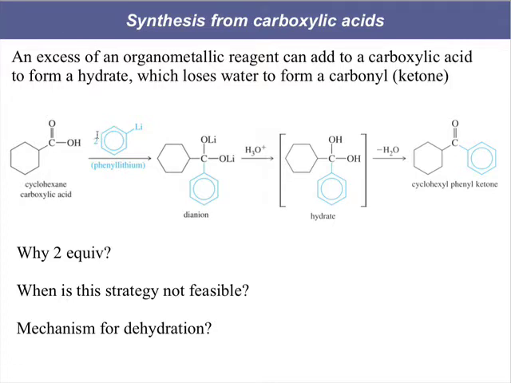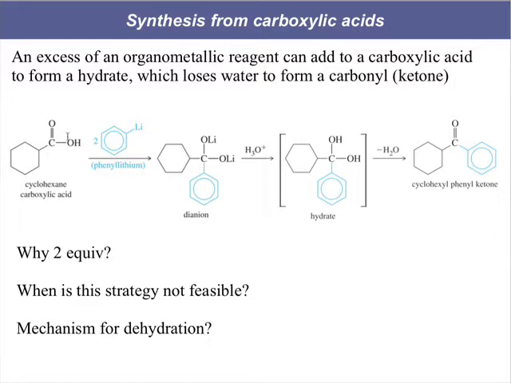So 2 equivalents of phenyllithium, meaning for every mole of cyclohexane carboxylic acid we have, we're going to use 2 moles of phenyllithium. Notice what happens is one of the moles of the phenyllithium is used up. It goes away. It doesn't end up on our product. We've got 2 aromatic rings here, and throughout our reaction, we only have 1 aromatic ring.